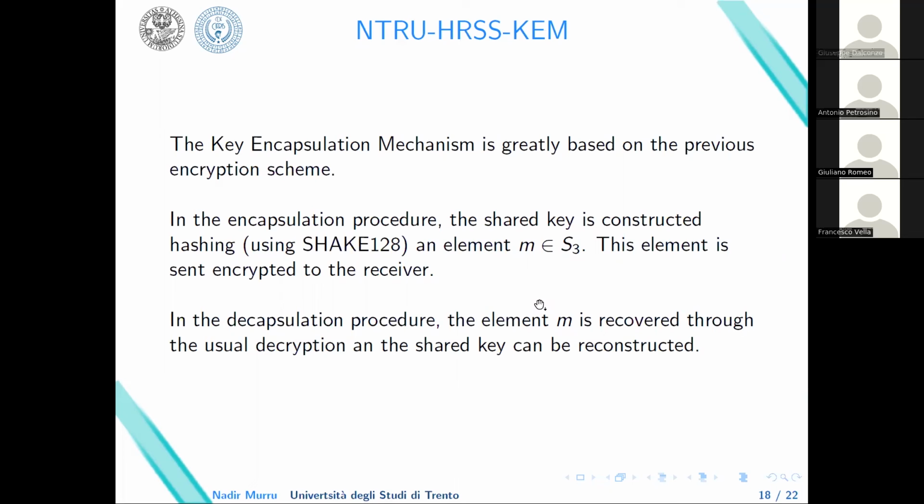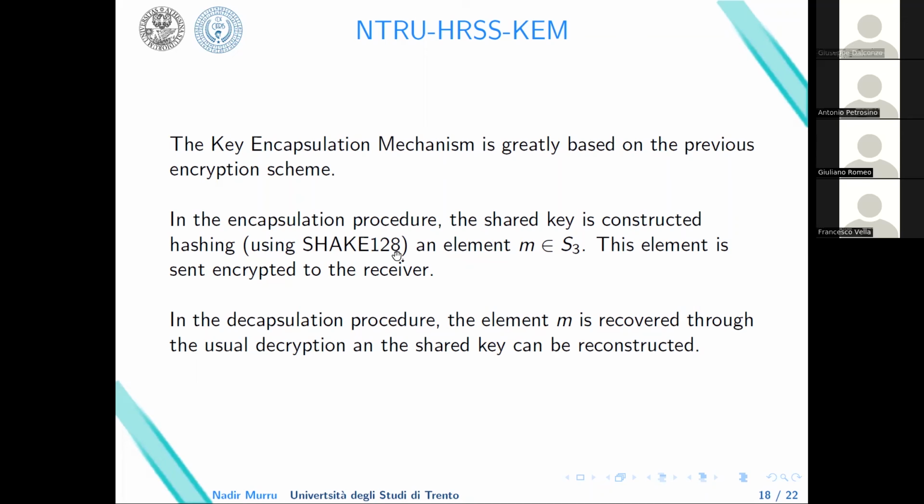Starting from the NTRU HRSS encryption scheme, you can also derive the key encapsulation mechanism. And in the encapsulation procedure, you just have to use a hash function. Usually it is SHAKE128.